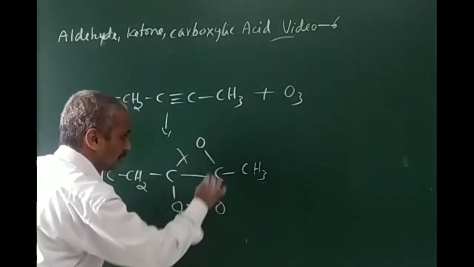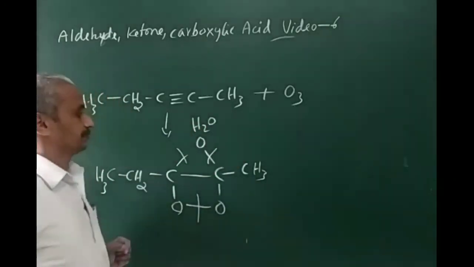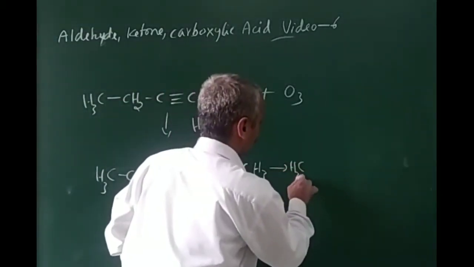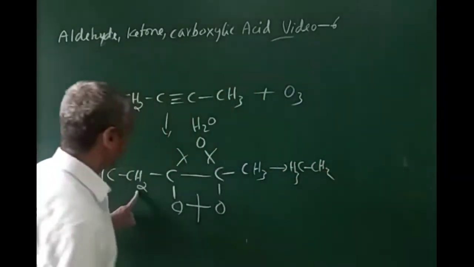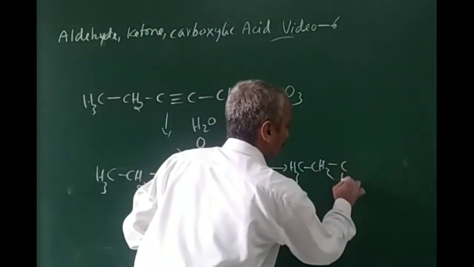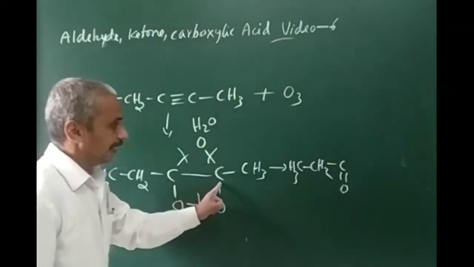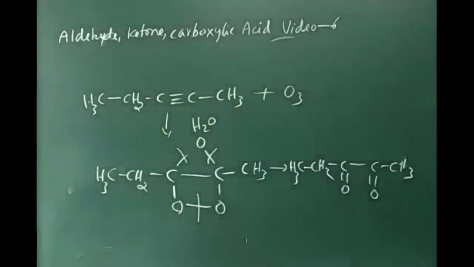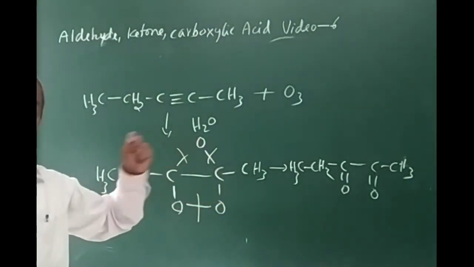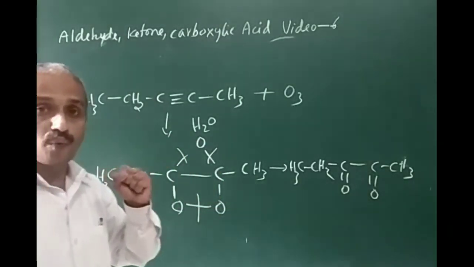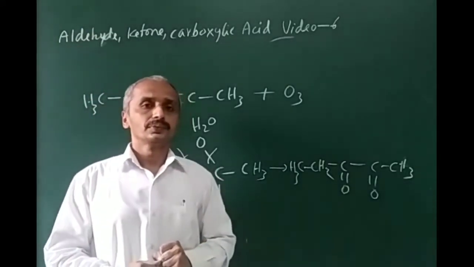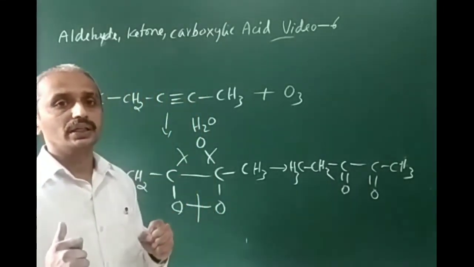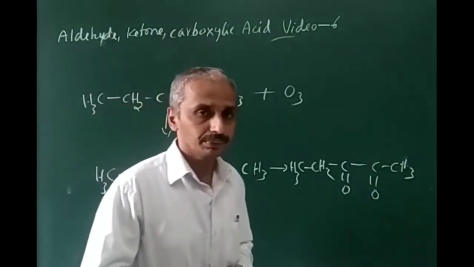Now we go for the hydrolysis of it. On hydrolysis, I get a diketone. CH3, CH2, C double bond O. Again here, C double bond O, CH3, which is a diketone. So, when alkenes are subjected for ozonolysis, I am going to get either aldehyde or a ketone.